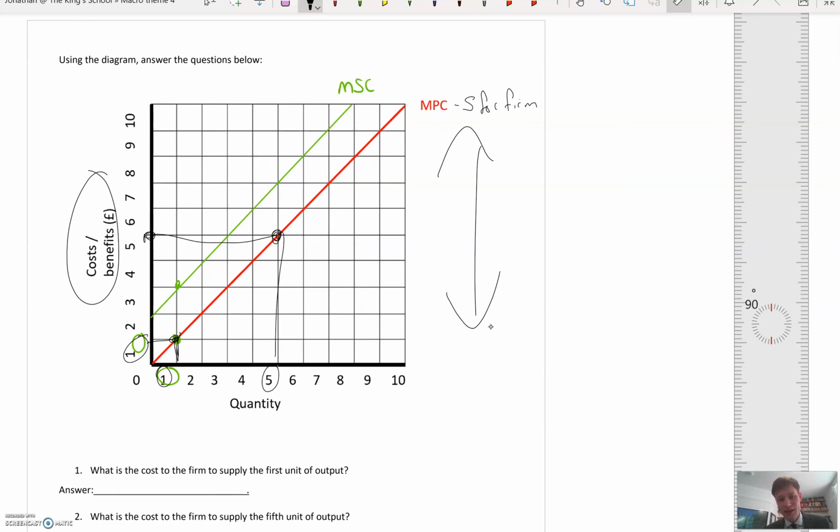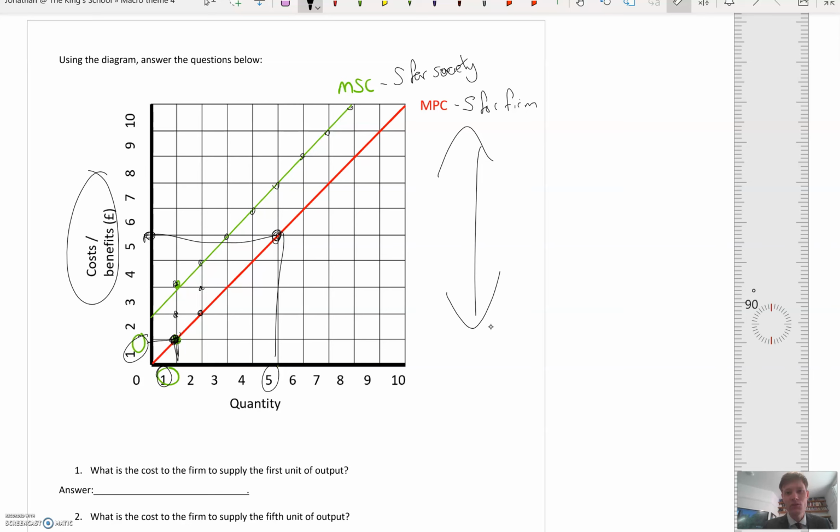If there is an additional £2 worth of externality from producing this good, I simply add 2 onto every point on the marginal private cost curve, and that creates my marginal social cost curve. And this is the supply curve, what society would want us to supply.